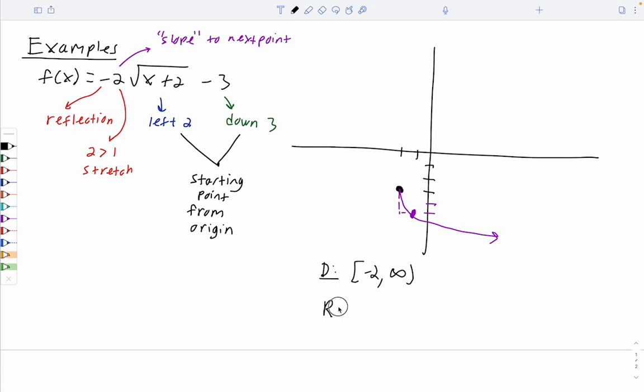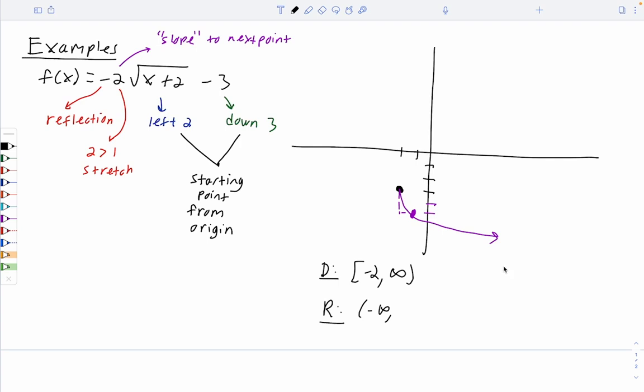My range, right, are my y values, bottom to top, least to greatest. The bottom of this graph goes down forever, so the lowest y value is negative infinity.